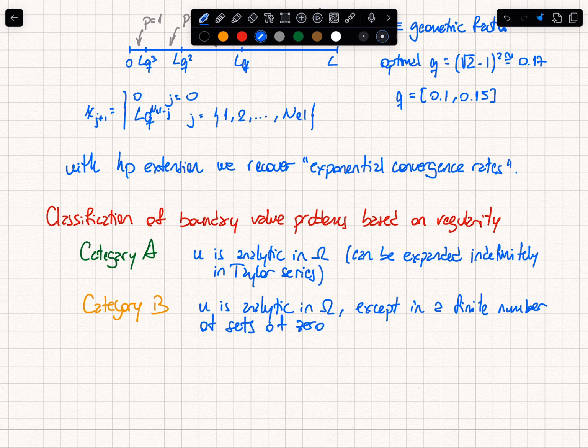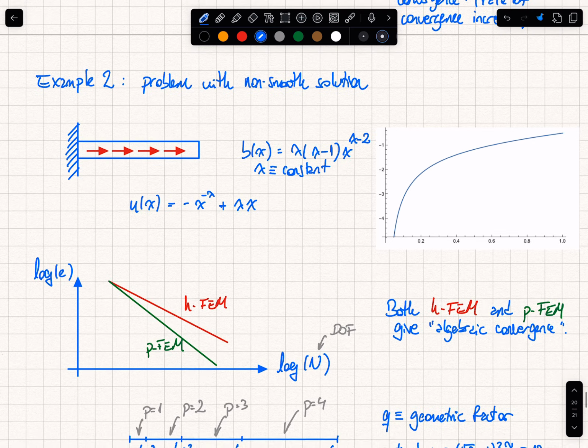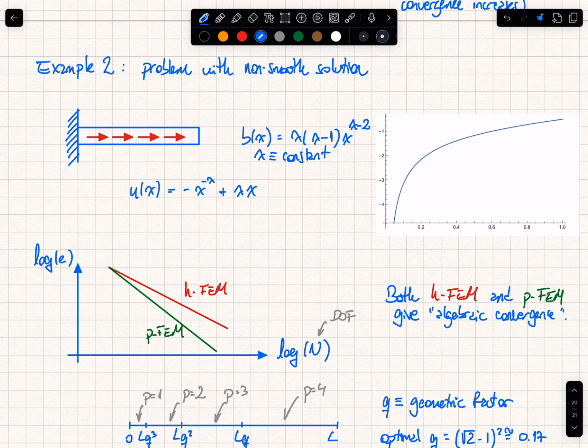Sets of zero measure. As we saw right now, in this problem the singularity just happened at a point. And a point in a line is a set of zero measure. So basically, it's an entity that has no length. It's the same as a line in 2D. A line in 2D is also a set of zero measure.